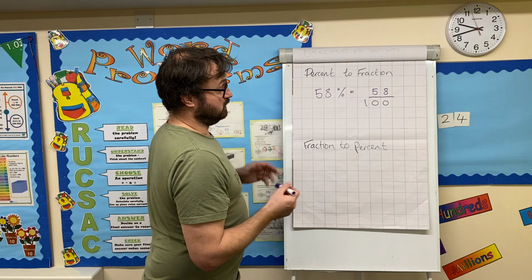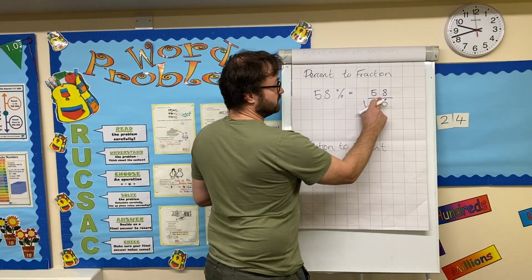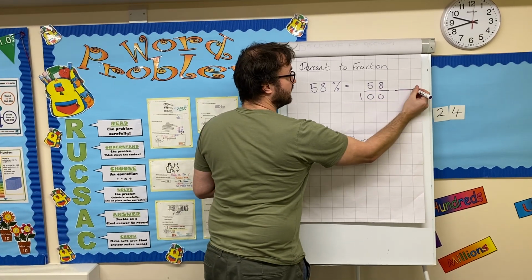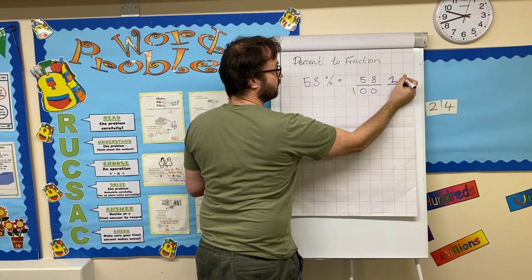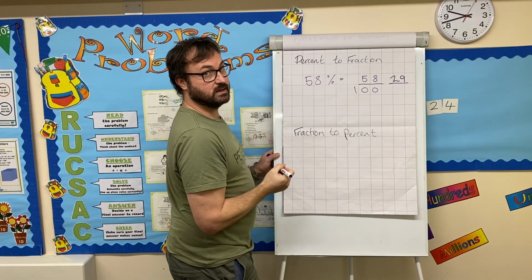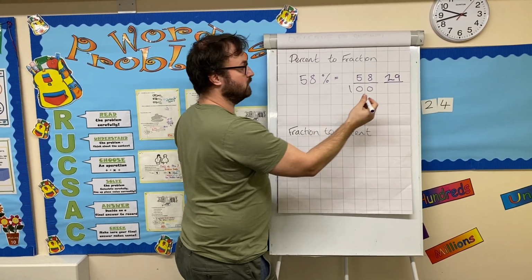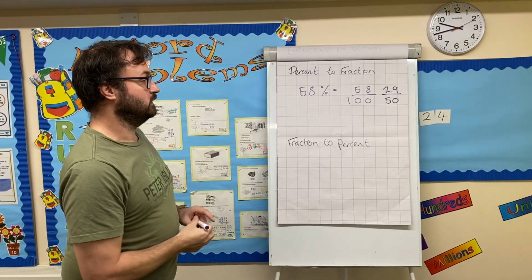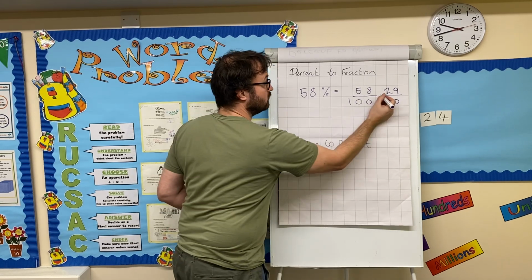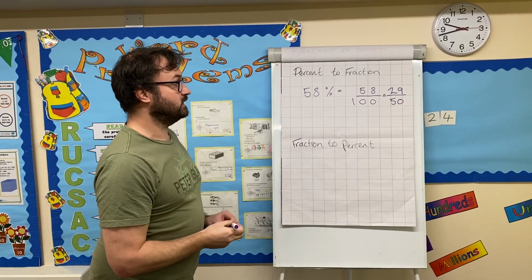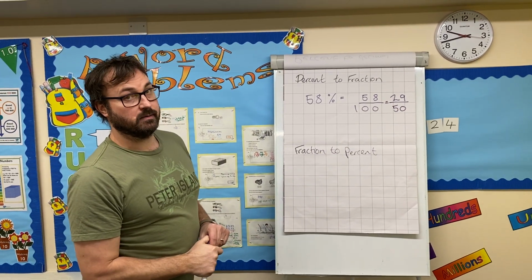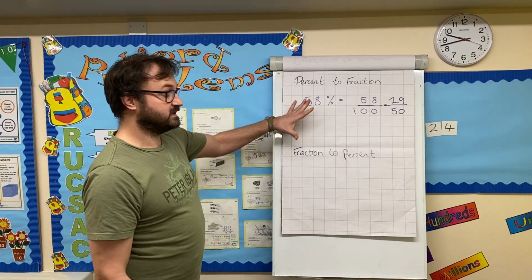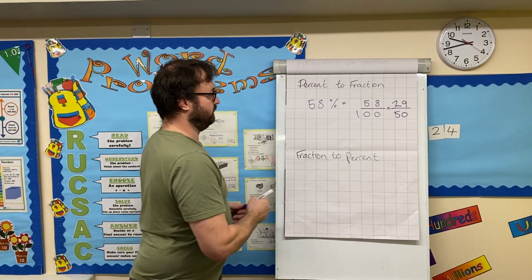So you would end up with, what's half of 58? 29, we're simplifying it now, over 50. Now, I don't actually think you can simplify that anymore, because 29 is a prime number. Okay, so that's quite simply what you do.